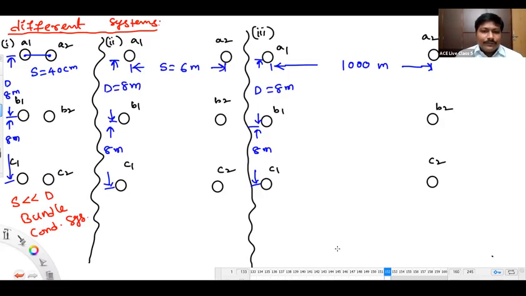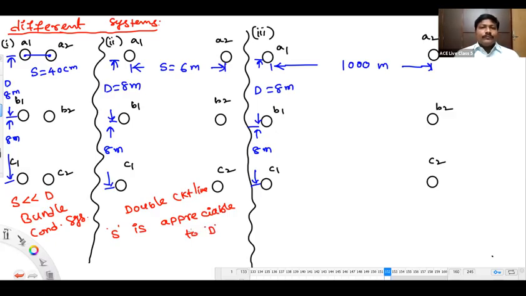So this is called a double circuit line where S is appreciable with respect to D.